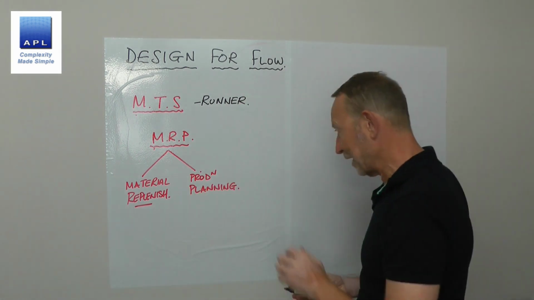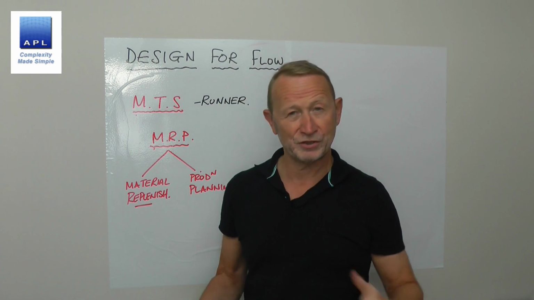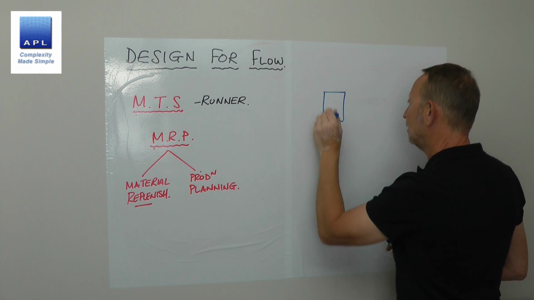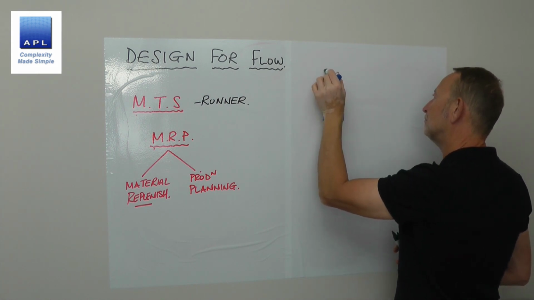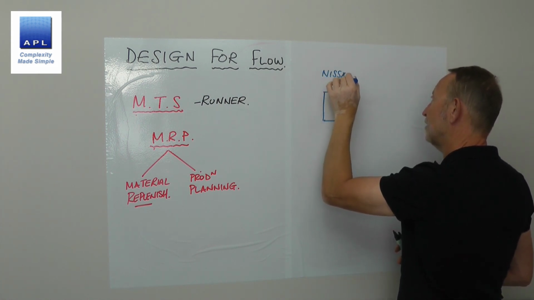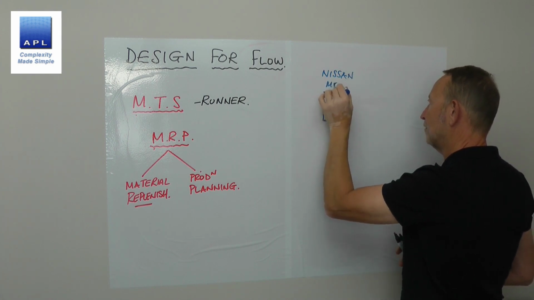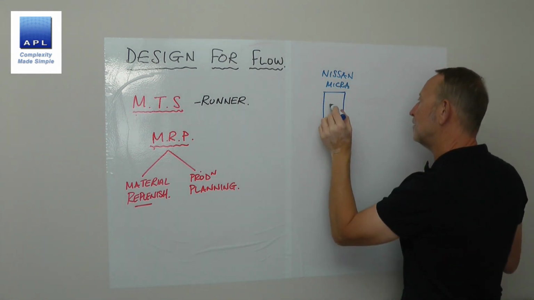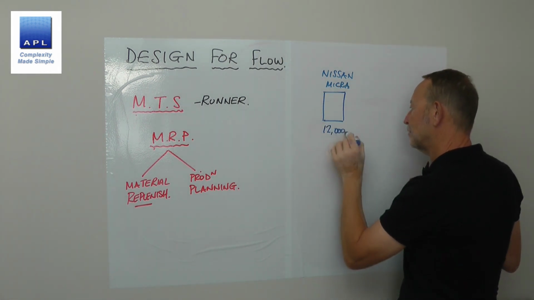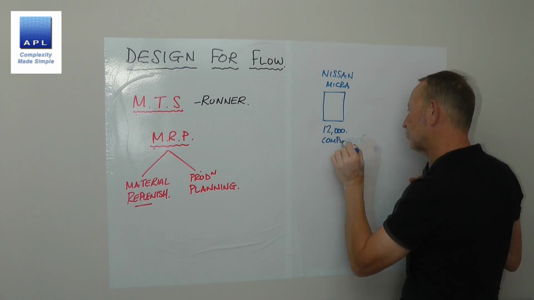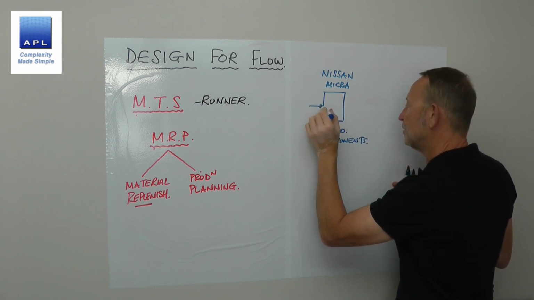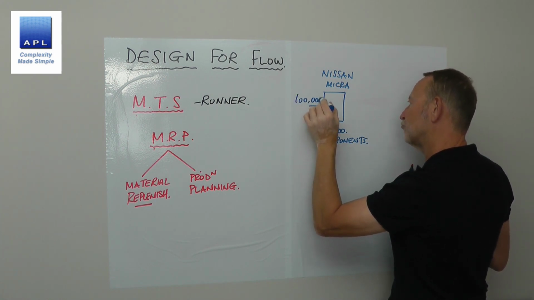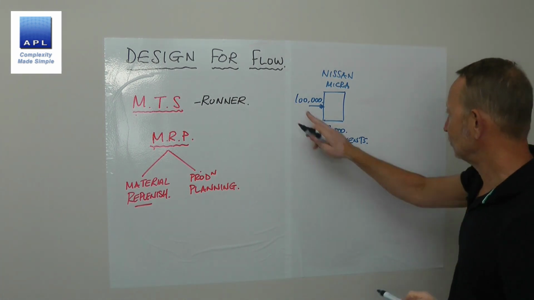Now, what material replenishment is, and what the MRP system is very good at, is this. You have an item. Let's say it's a car, a Nissan Micra. I'm not even sure if Nissan make Micras anymore. But maybe the Nissan Micra is 12,000 components, and what you're predicting is that next year you're going to make, let's say, 100,000 of these things.